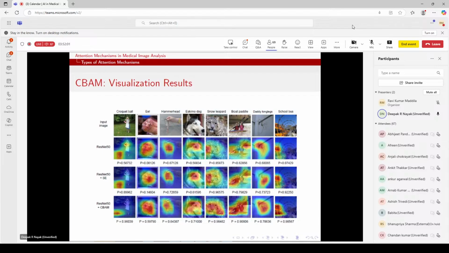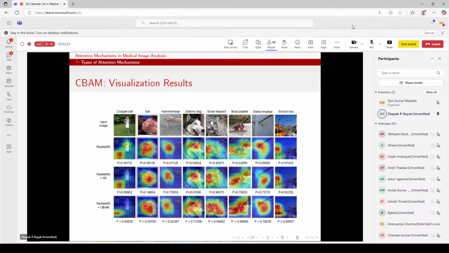Now you see there are some images on which this ResNet plus CBAM is focusing on the important parts. And if you look at the results obtained by ResNet 50 and ResNet 50 plus SE, they are not focusing on all the important parts. Somehow they're missing some of the relevant parts.